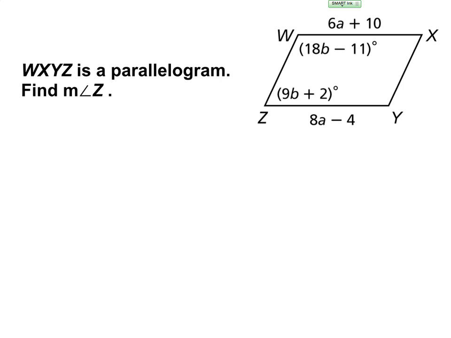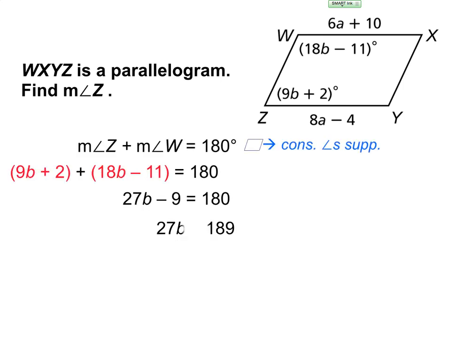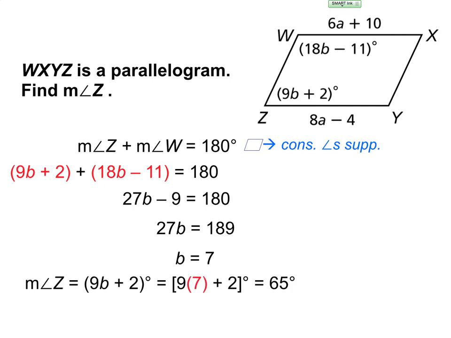What would B be on that one? Was it 4? All right, any others to look at? B was 7. And then when you substitute back in, 9 times 7 plus 2 came out 65 degrees for the final answer.